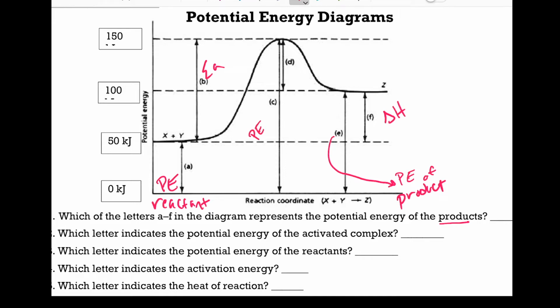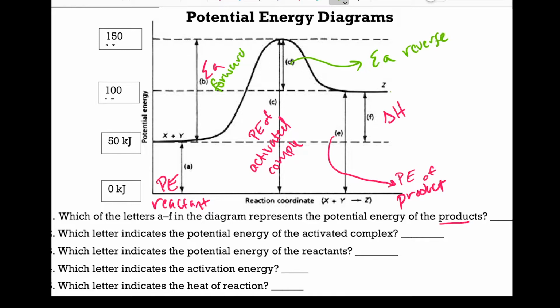C is your PE of activated complex. And I'm just going to say right here your activation energy for B of the forward reaction. And D represents your activation energy of the reverse reaction.